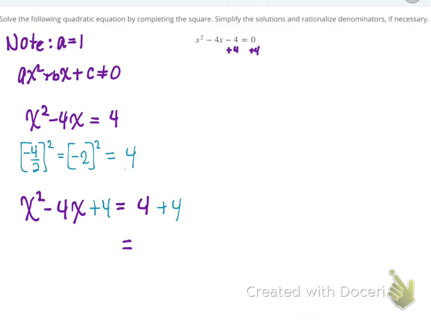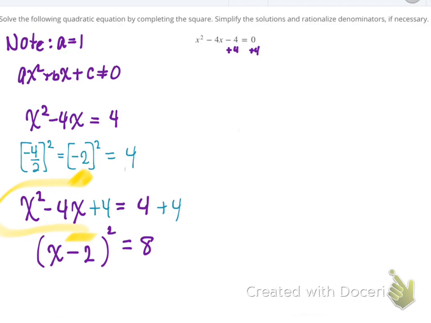Let's note the right-hand side just equals 8. The left-hand side is a perfect square trinomial, which I can write as x minus 2 squared. Now, for those of you who don't remember, this negative 2 comes from this negative 2. So whatever number's in this box right here will always end up as the perfect square trinomial.